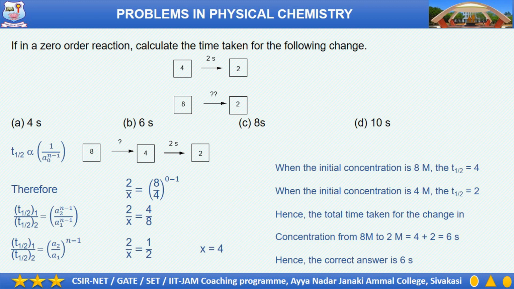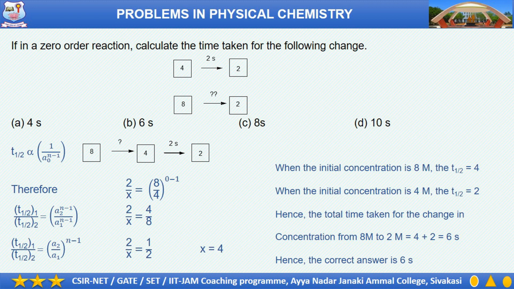And x is equal to 4 means you do not multiply. This is the time taken for this one. Therefore, it is 4. No, 4 second is not the correct answer, it's a wrong answer. Here, x is equal to 4 is the T half for a process where the initial concentration is 4.